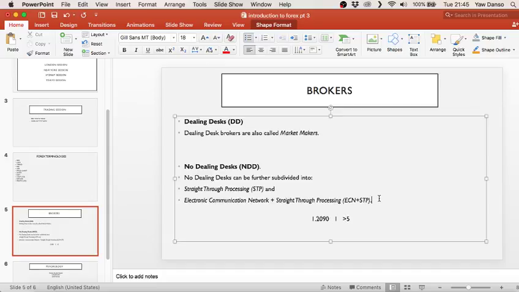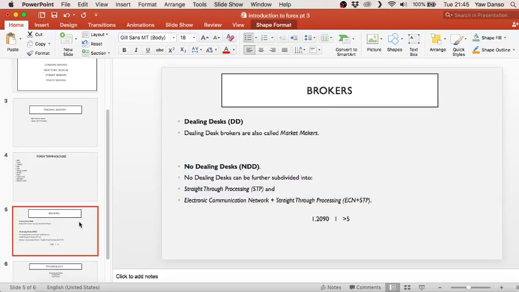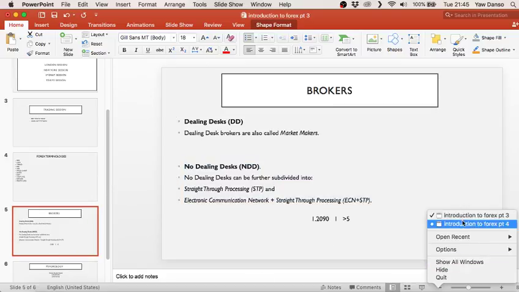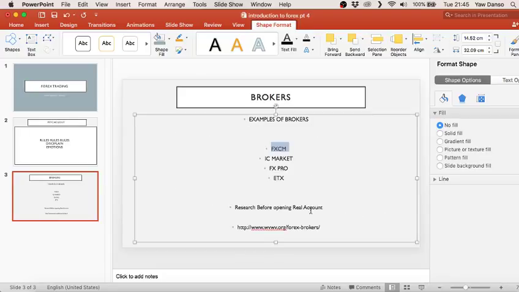So it's always advisable to search for brokers that are no dealing desk. That's what I've done here on today's slide. I actually did a bit of research, so I put research before opening a real account. I've done my research and I've got my brokers.